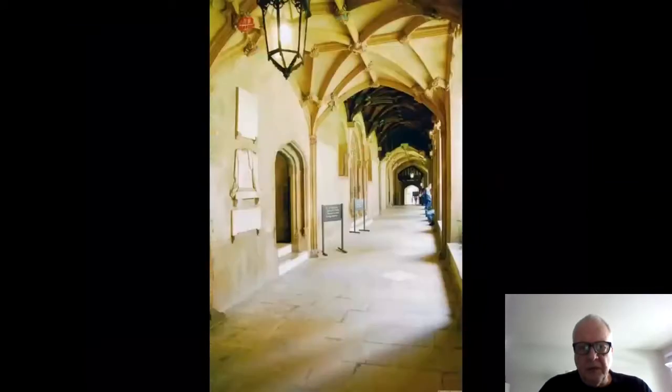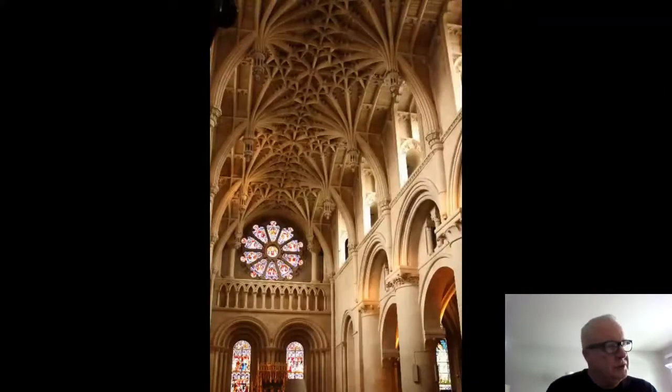There's an entrance into the Tom Quad, some vaulting in the passageways around the Tom Quad with the thick ribs and the heraldic symbols. Then this is the interior of the Christ Church on the Tom Quad, also by William Orchard, same mason that designed the vault at the Divinity School.